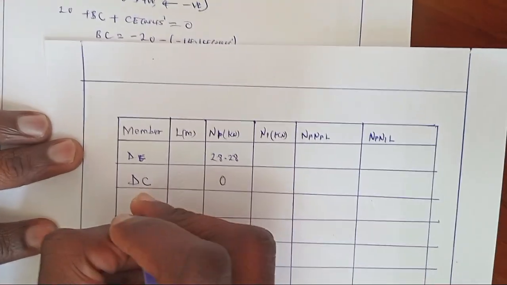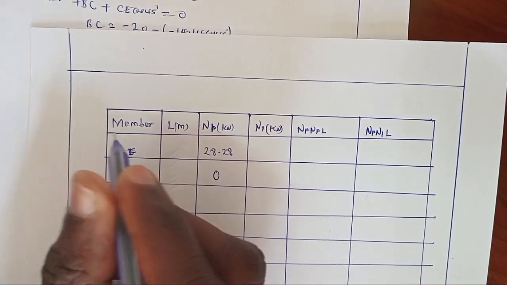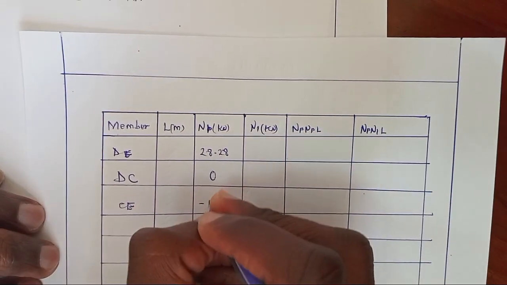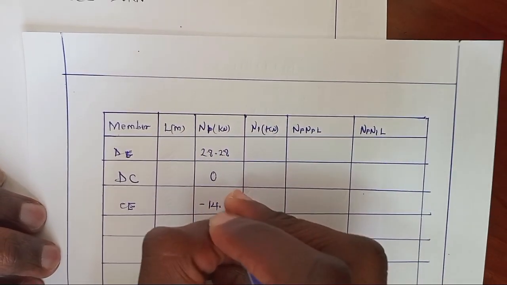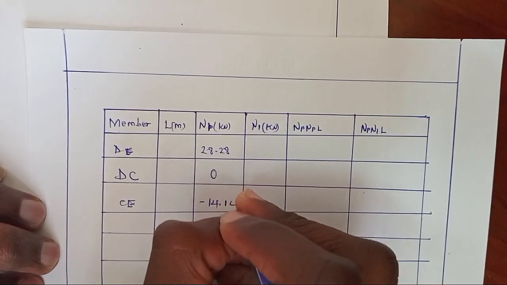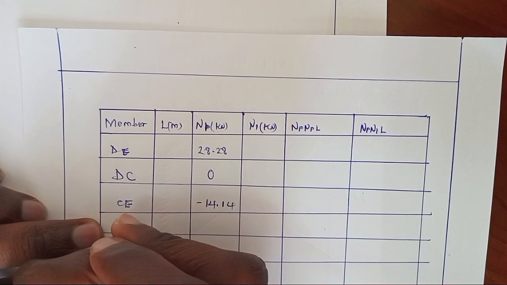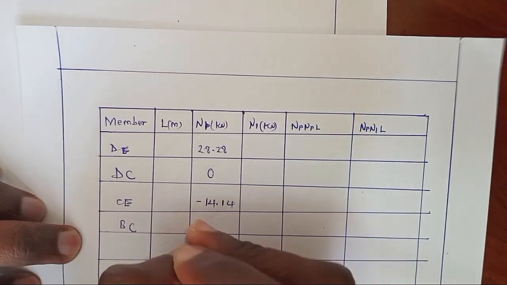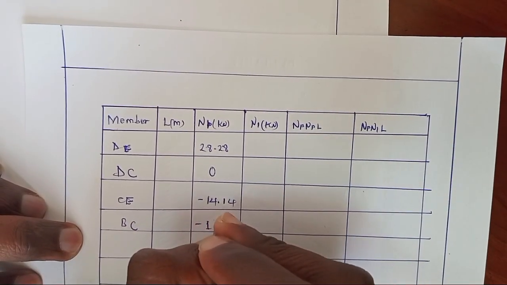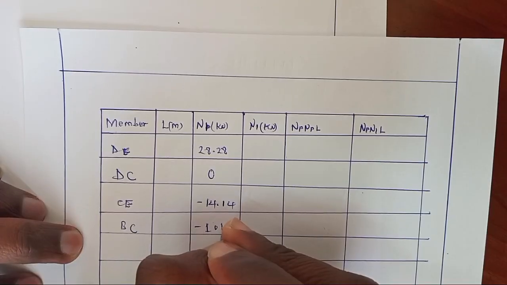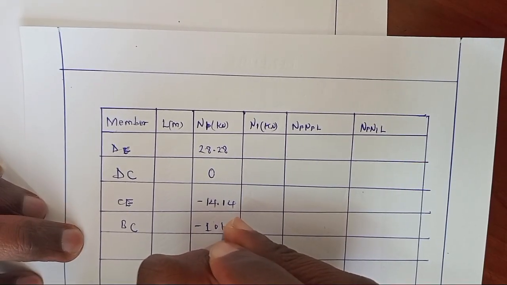CE we have obtained negative 14.14 kilonewton. BC is equal to negative 10 kilonewton.